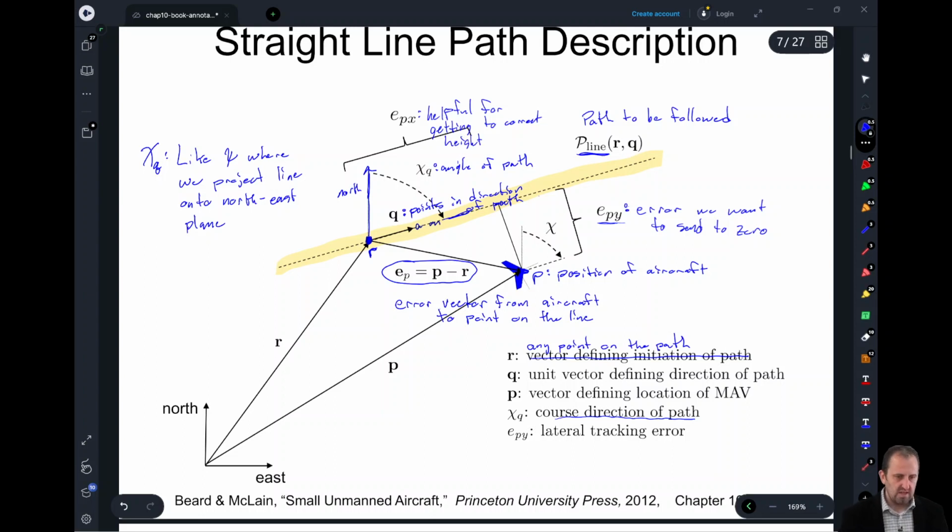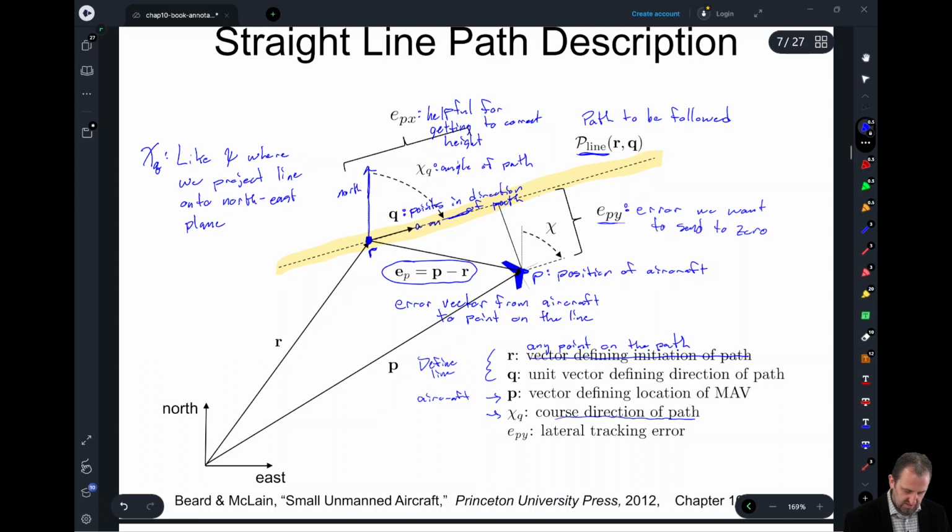All right, so there you have it. We have a line defined along with some variables from the line. So let me write this. We have these two variables that define the line. This variable is just the aircraft.